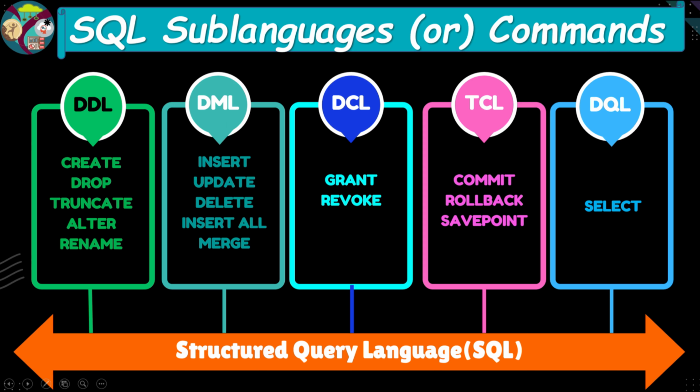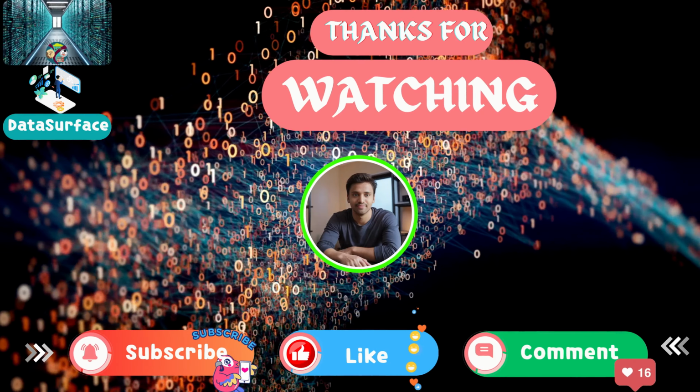In the next video, we'll explore the SQL sublanguages or SQL commands like DDL, DML, DCL, TCL, and DQL: data definition language, data manipulation language, data control language, transaction control language, and data query language. These are the basic building blocks of table creation in Oracle SQL, right? So we'll start exploring those.